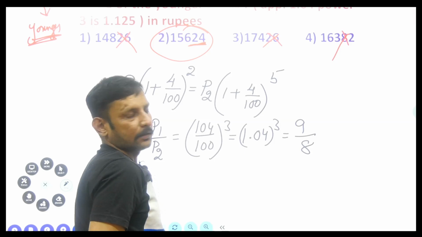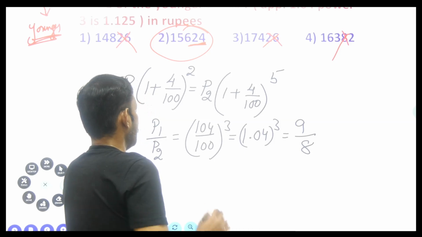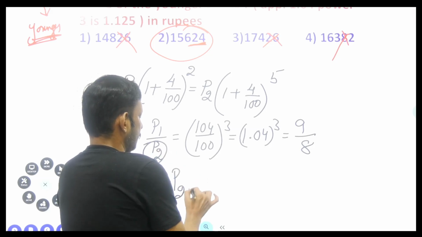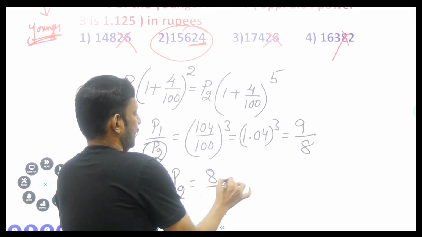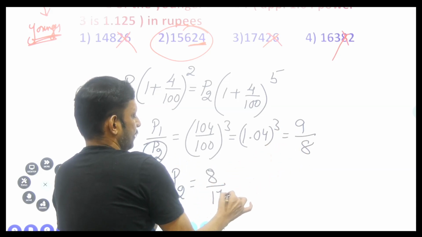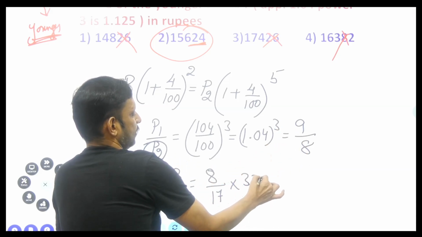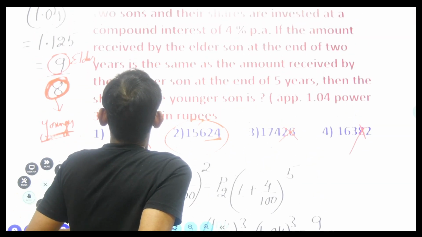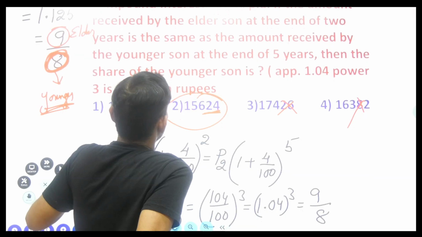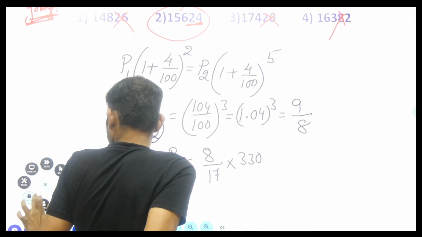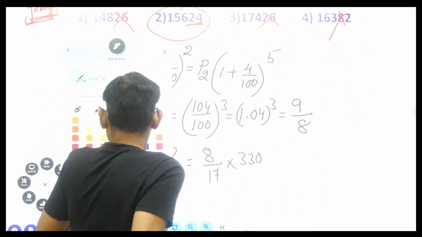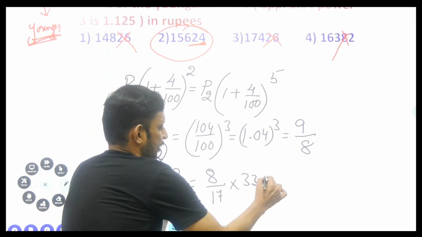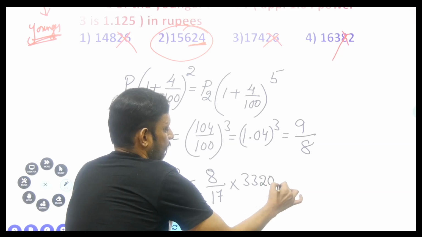Okay. Now you have to find what is the share of the younger son, the P2 value. That P2 value is 8 by 8 plus 9, 17, into 3300... 3201.